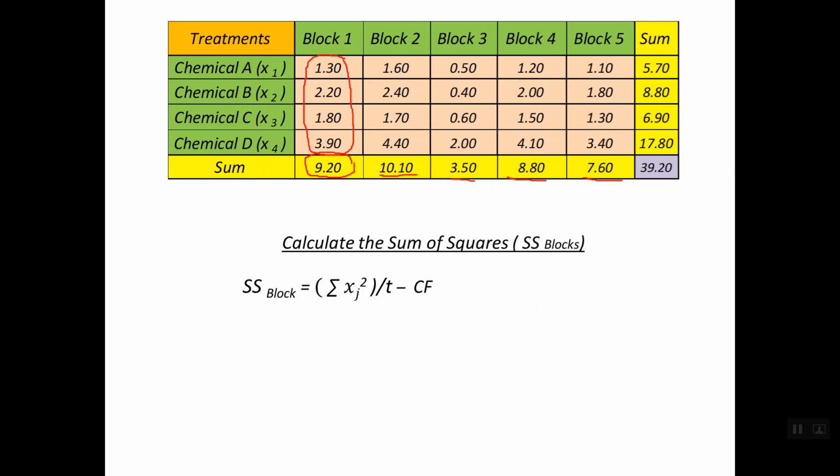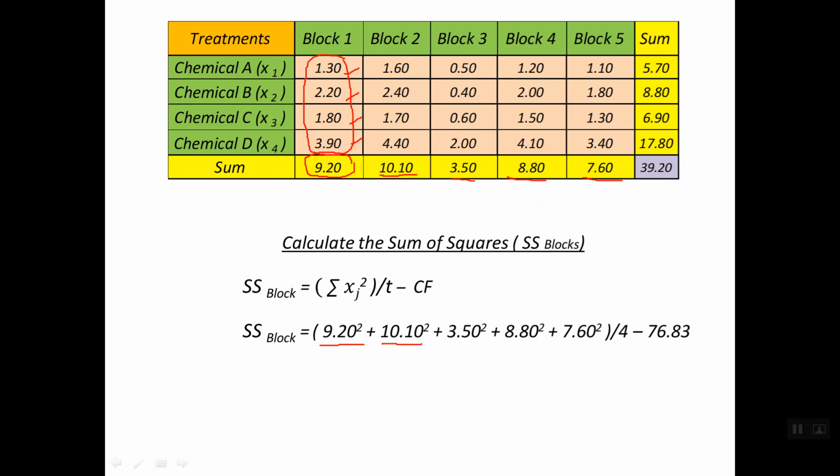For example, for block 1, if you count number of units inside block 1, we have here 1, 2, 3, and 4. And 4 is simply the number of the treatments. So this is x1 for the block 1, we square it.